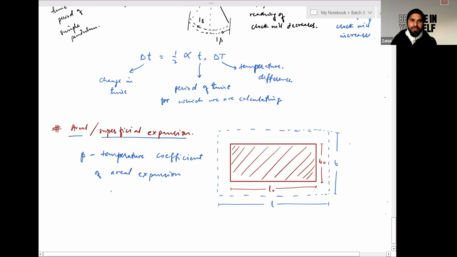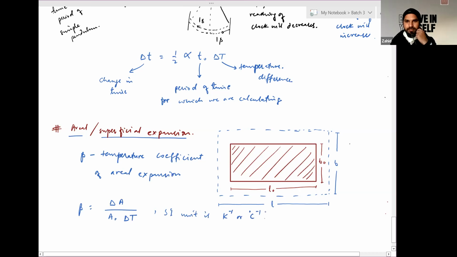And in terms of change in area, we may define it as beta equals change in area divided by initial area times change in temperature. So the SI unit using this relation for beta will be Kelvin inverse or degree Celsius inverse.